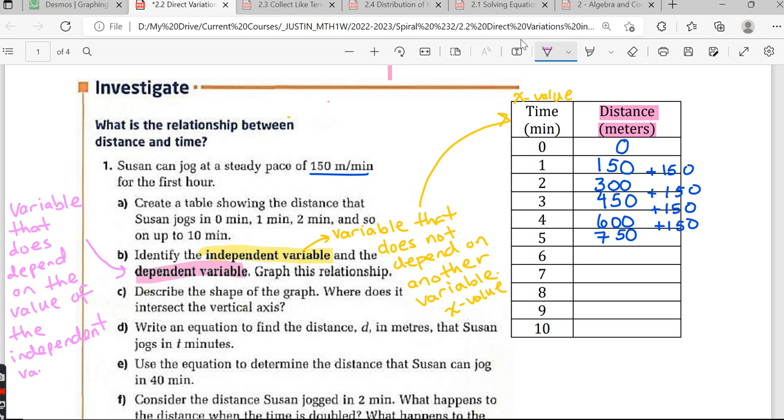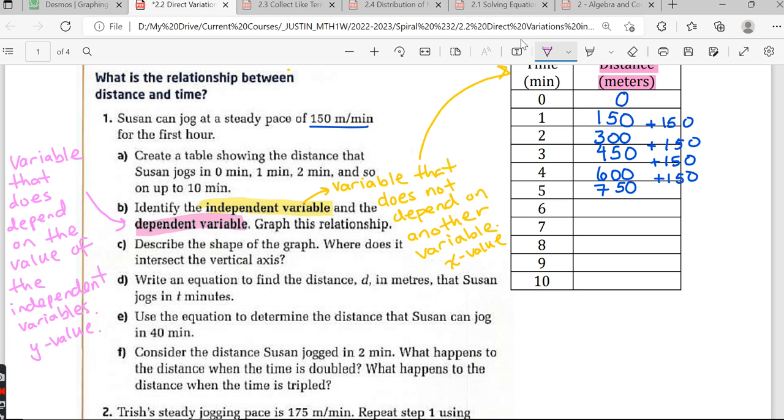So of course we can see here meters traveled is dependent on the time that has passed. Okay? Now the dependent variable is typically our y value. Okay? So let's just graph this relationship real quick.